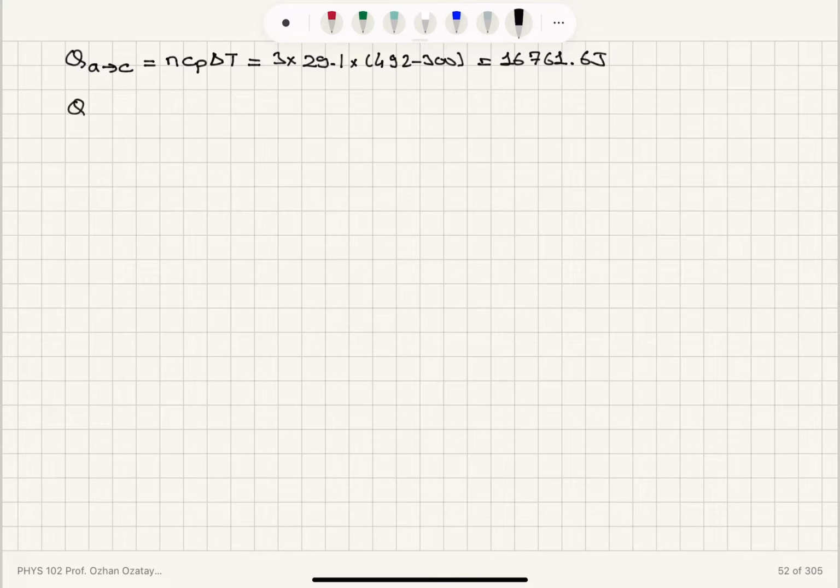The heat added to this gas between point C and point B is 0 joules. Why? Because it's adiabatic process. Adiabatic by definition means there is no heat exchange.